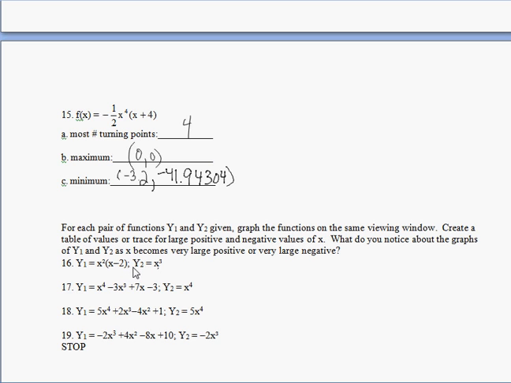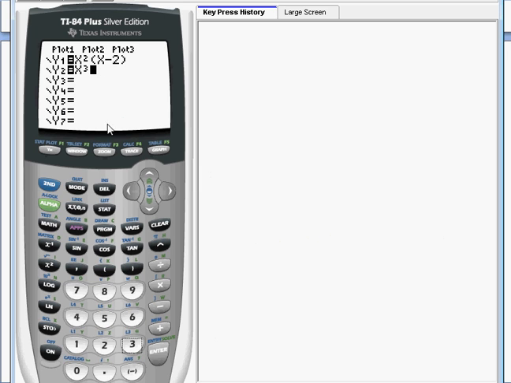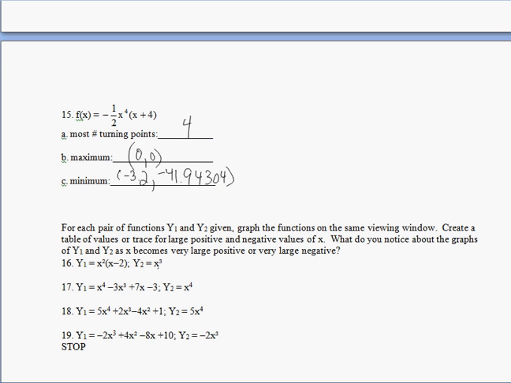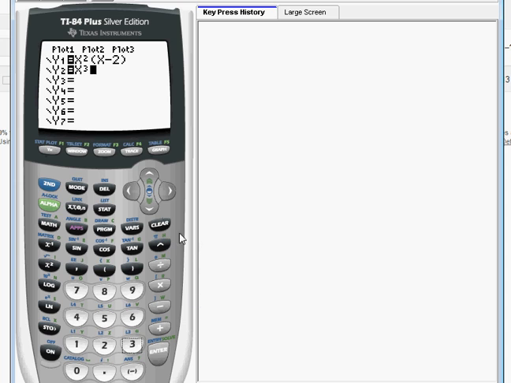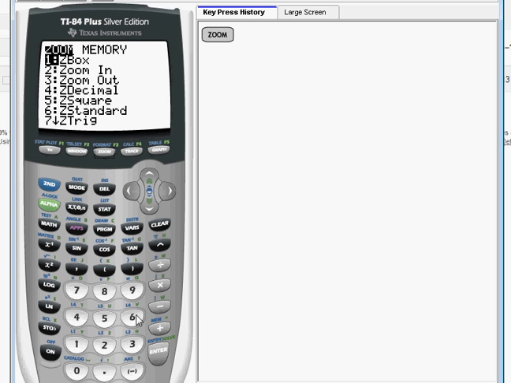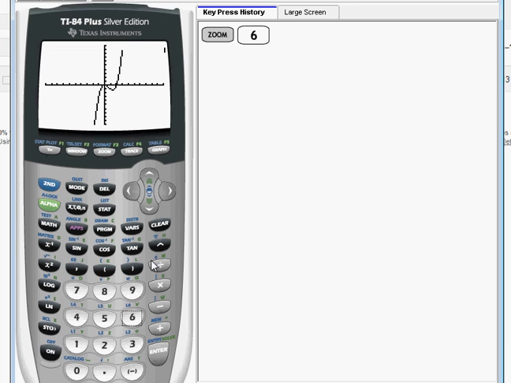Let's take a look at these two functions for very small values of x, and notice that they're not the same. When I say end behavior, I mean very large values of x. Around the origin, these two are going to be different, but if we go out to very large values of x, these two are going to be pretty much the same. So here's our two functions. Let's make sure those are the same: x squared and x minus 2, there you go. Let's start out at zoom standard, for very small values of x.